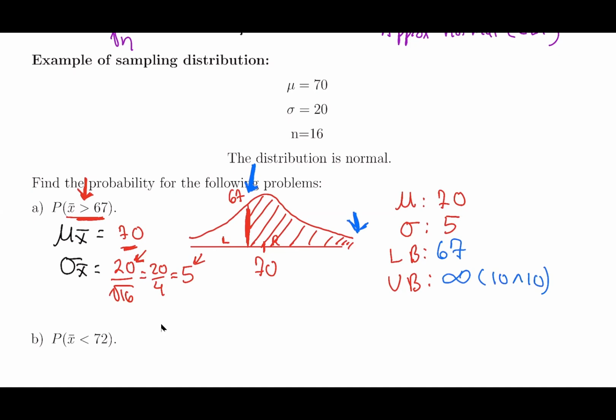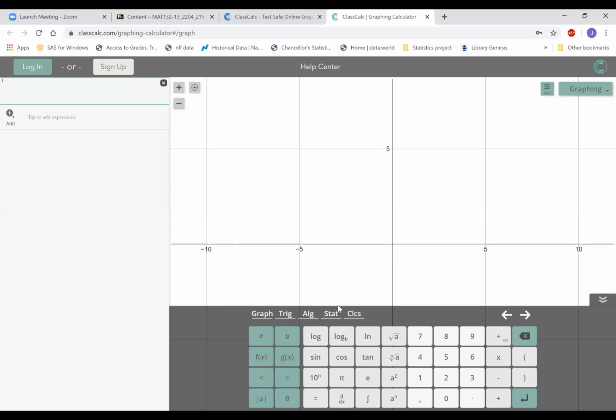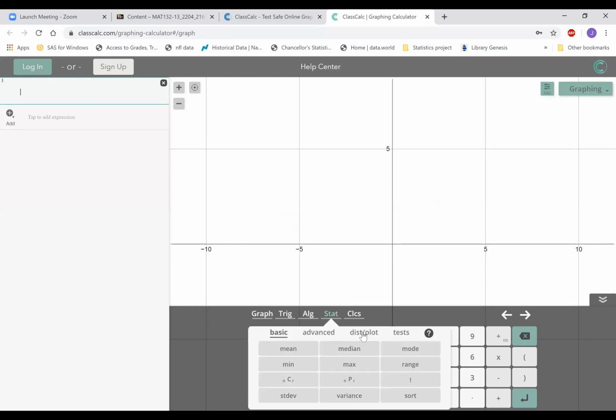All right, we're going to transition over to Class Calc. If you remember, you first hit the stats button, then hit distribution, and then find normal distribution.